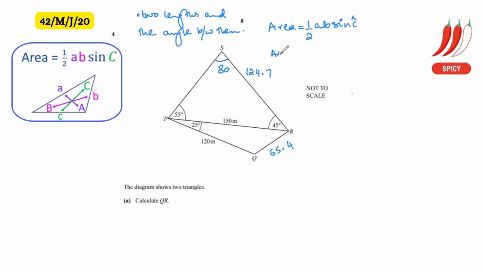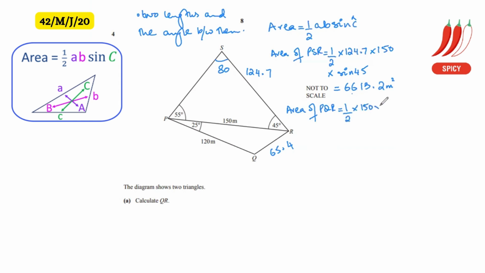So what we can do is for the area of PSR, we can do 1/2 times 124.7 times 150 times sine of 45. That gives us 6,613.2 meters square. Then for area of PQR, we'll do 1/2 times 150 times 120 times sine of 25.